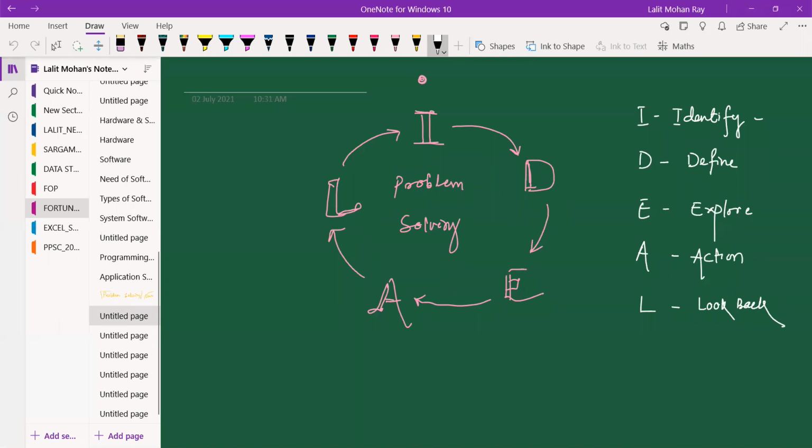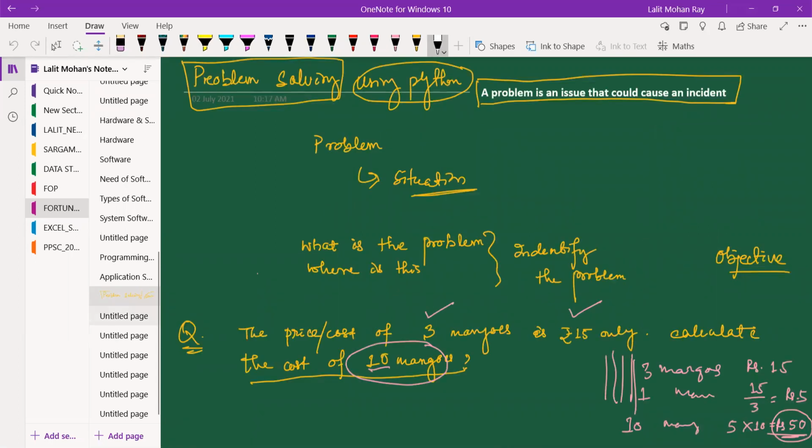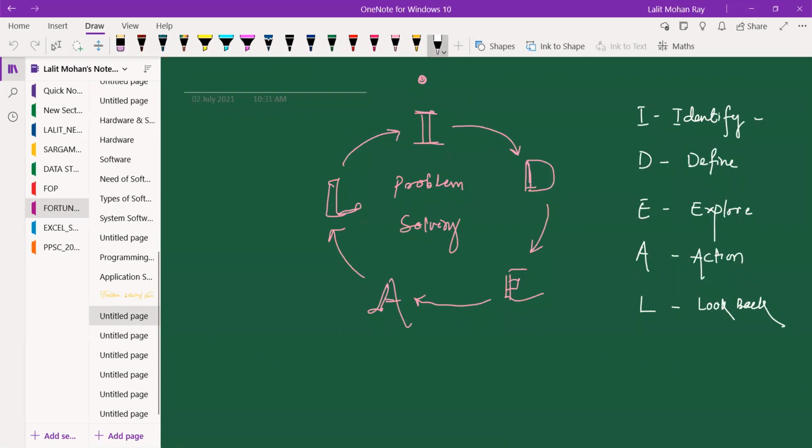Sir, repeat again. So identify the problem. I have explained in the last example. We have identified the problem. Then we have defined it, what exactly we want to do, and we have collected some information from the question. List it out. Clear? Identifying is completed, define is completed. After listing out the necessary information given inside the problem, we have to explore the suitable alternative, the suitable way to find the solution.